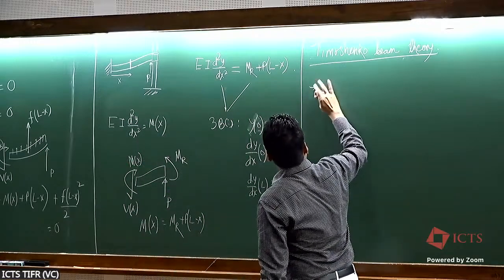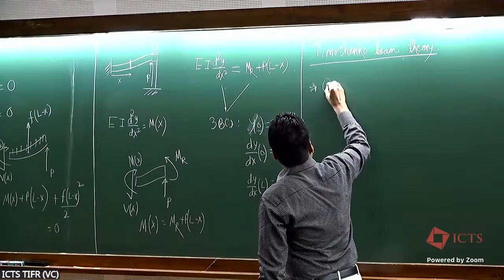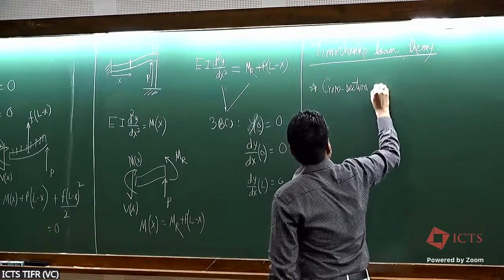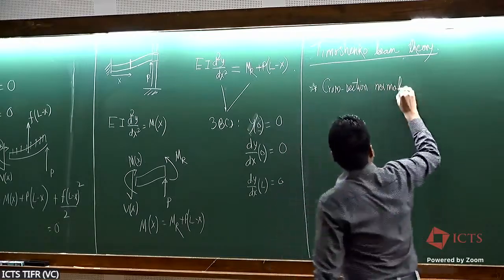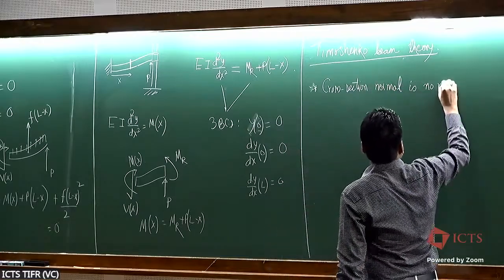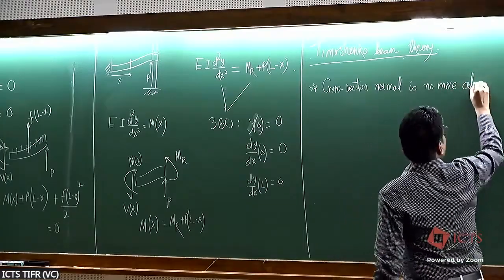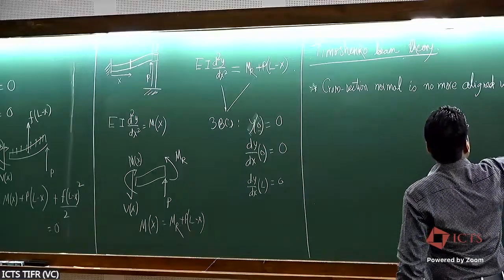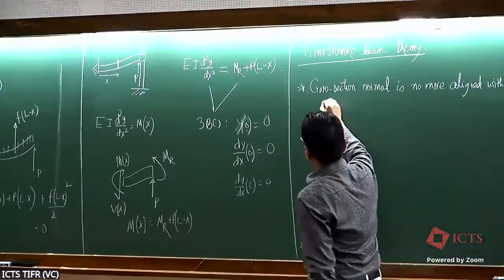So the cross-section normal is no more aligned with the centerline tangent.